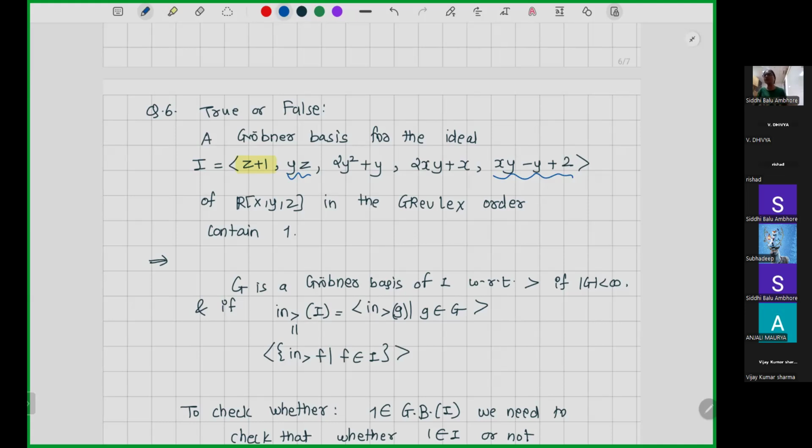But in this ideal, I am trying to compute mingens in Macaulay 2, but it is showing over inexact field, the result is not reliable. Okay, so you are working with R, right? So Macaulay 2 is of course, yes. When you work over R, it also has irrational numbers like pi, e, and so on.